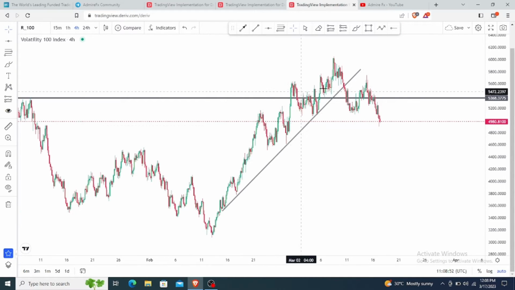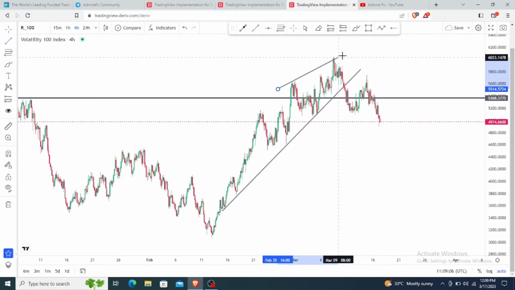So price actually got to my key level, and I started looking out for reversals on V100. You know, V100 is one of the most volatile pairs. So I plotted my trend line, and here I could even see my divergence up here.